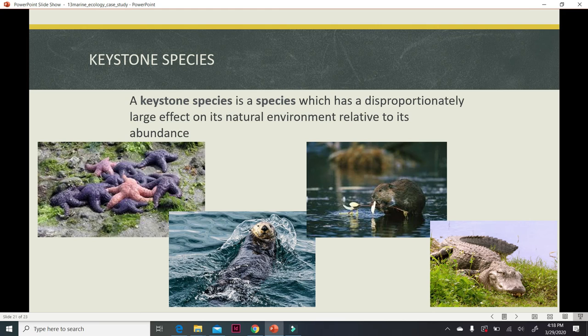A couple of other examples: we have beavers, and beavers are considered keystone species because they build dams, and when they build dams, they create ponds, and those ponds are important habitat for all sorts of species. And then we also have American alligators. These gators will dig pits that hold water, and those become important habitat for all sorts of species. So these are keystone species.